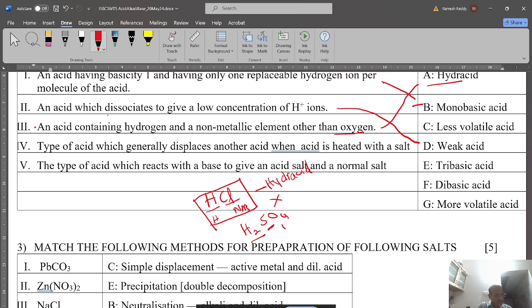Acids are classified in many ways. One classification we saw is hydra acids, strong acid, strength of the acid, and another one is oxy acids, alkalis, bases, simple division, monobasic, tribasic, hydroxyl, acidic oxides.